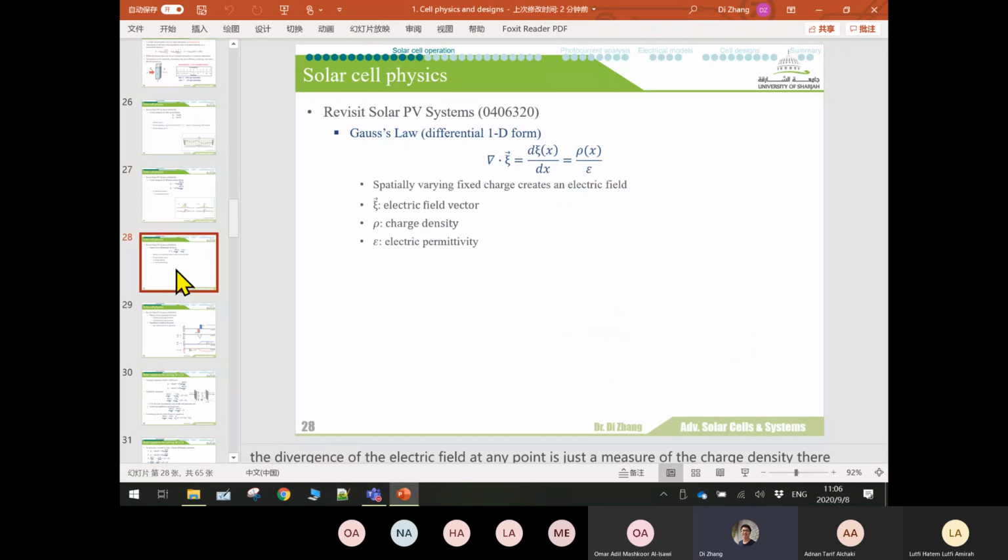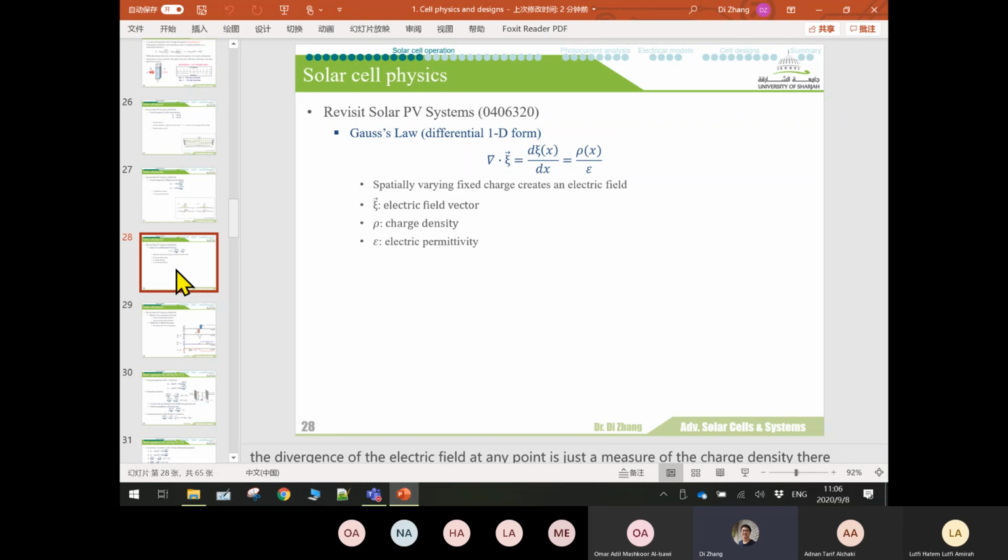And then one of the most fundamental equations we need to use to solve any kind of PN junction structure or solar cell structure is the so-called Gauss law. In the one-dimensional case, in the differential form, we have this equation shown here, which tells you that the divergence of the electric field vector will have to equal the space charge density divided by the permittivity epsilon.